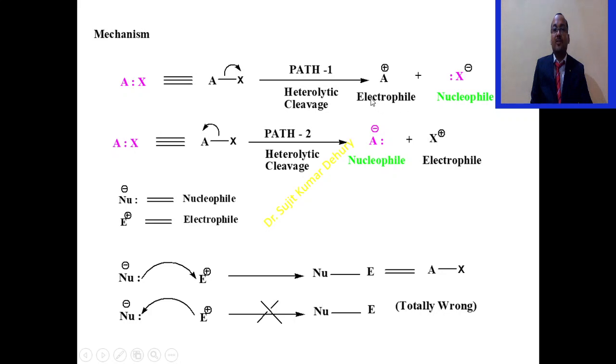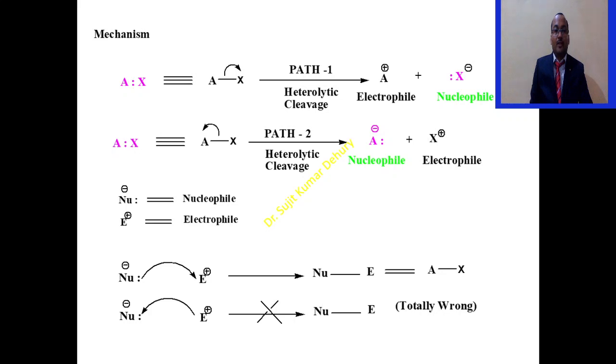Generally electrophiles are electron deficient species, and usually they are positively charged. In general, we can write the nucleophile as Nu minus containing a lone pair of electrons and the electrophile as E plus. It is very important to know that the nucleophile is electronically rich because it contains 2 electrons.